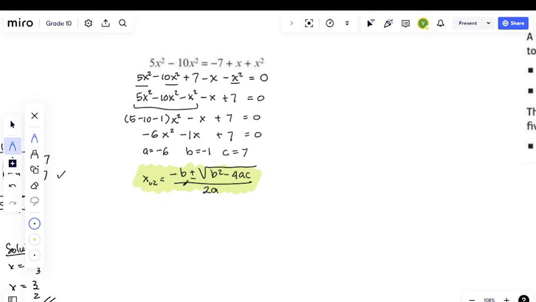Okay, this is minus b. So when we talk about substituting the numbers, substituting the b, a, c with the numbers we have here, jadi jangan sampai salah. Karena kalau misalnya salah memasukkan angka, hasilnya akan berantakan. Okay, we have b is negative 1.